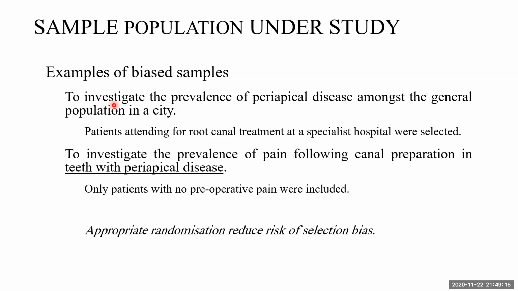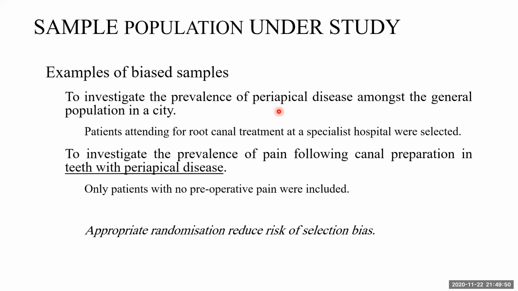Example of a biased sample: to investigate the prevalence of periapical disease amongst the general population. You should notice that it's the general population in the city. So if you are going to patients attending for root canal treatment, a specialized hospital, were selected, this is a selection bias, because you are going to a specialized hospital and to patients attending for root canal treatment, so they already have a periapical problem.